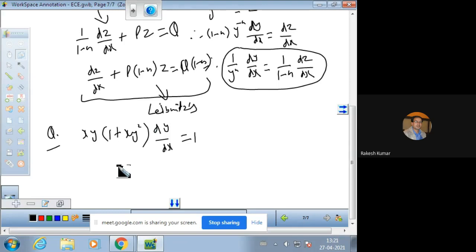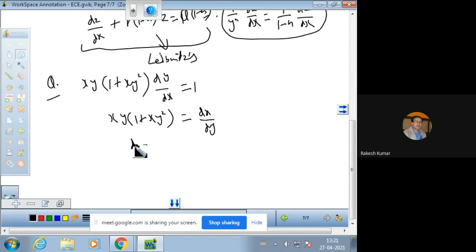This equation can be written as x (1 plus xy square) is equal to dx over dy, and dx over dy minus xy is equal to y cube x square. इक्वेशन को इस फॉर्म में लिख दिया.